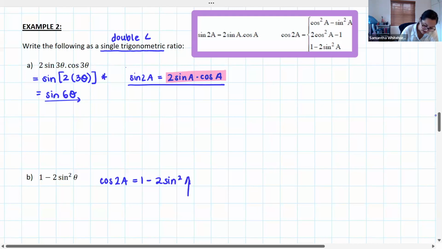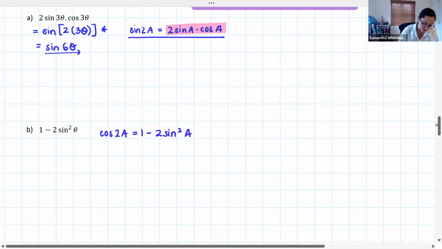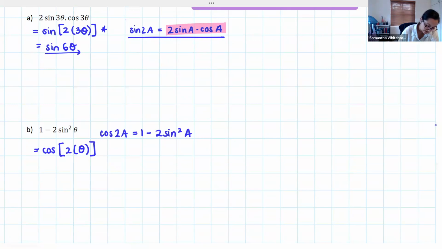And once again, I've been given the right-hand side, so I'm working back to the double angle. I'm going to have to double the angle that I've been given here. It's a cos identity, so cos of double the given angle theta. So this is cos 2 theta. Again, nothing too tricky, nothing stressful.